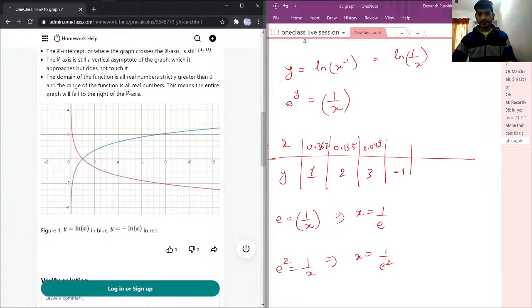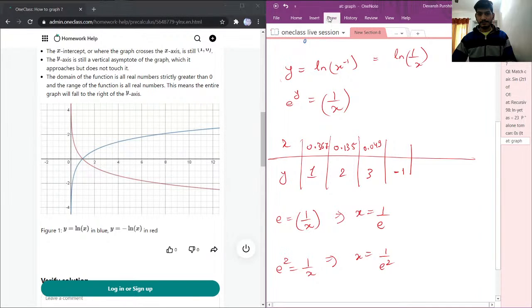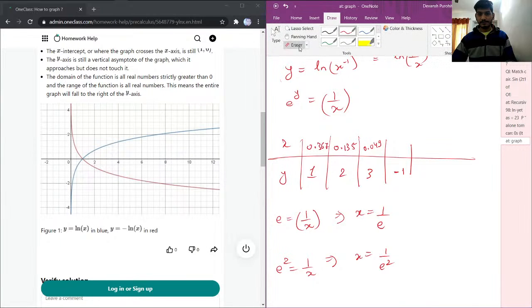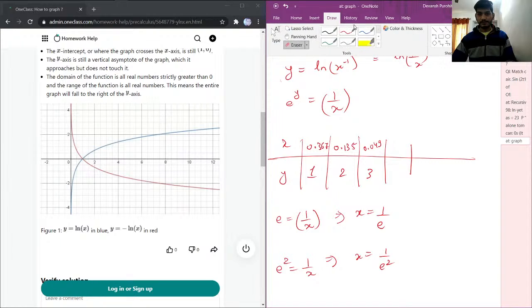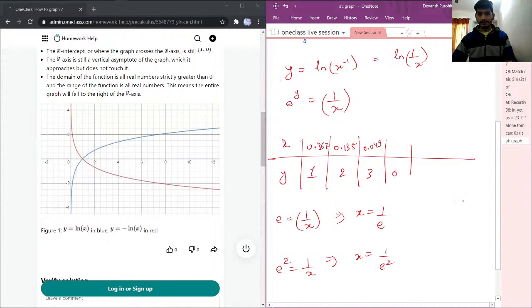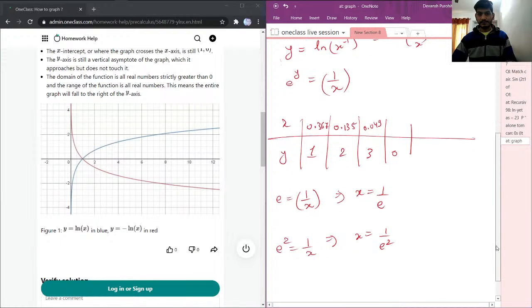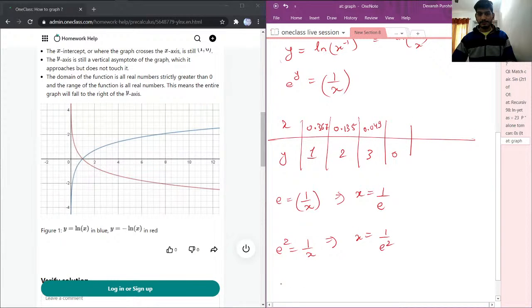If I take, let's say, y as 0, then this will be e power 0 equal to 1 over x.